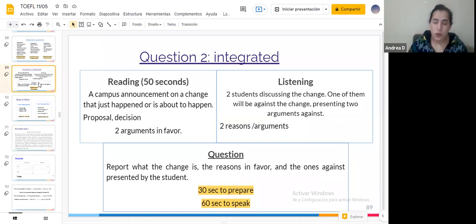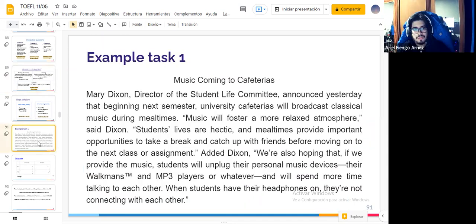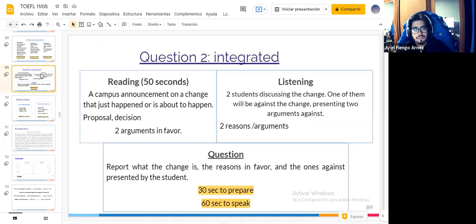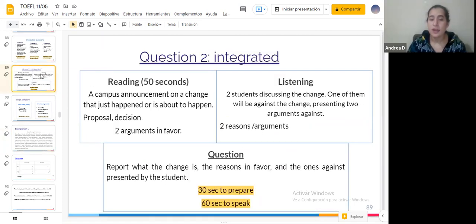So how does this work if you're wondering? In this question, you will first have to read a short text, something like this, not that long as you can see. You will be given 50 seconds to read the text. After that, you will listen to a short conversation between 2 people.